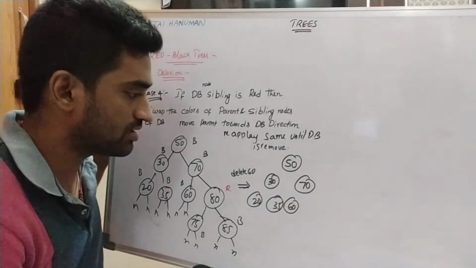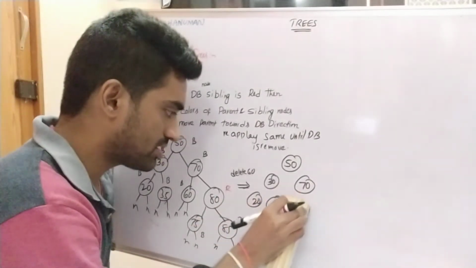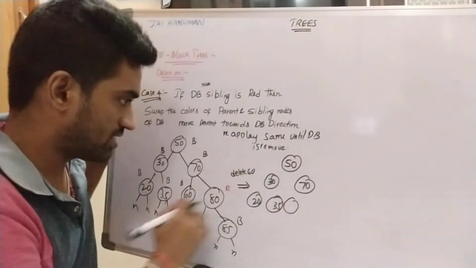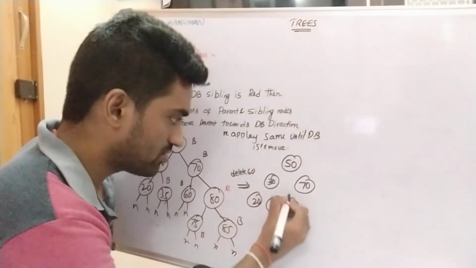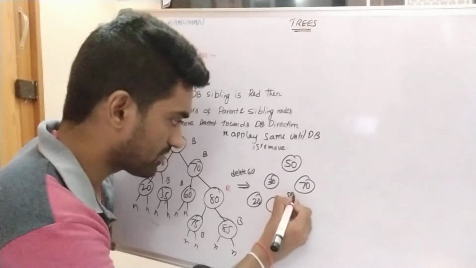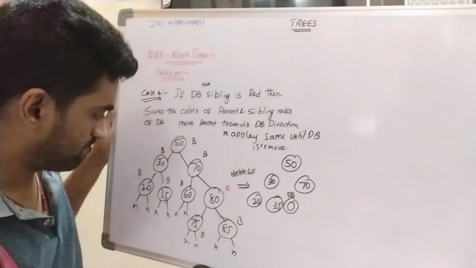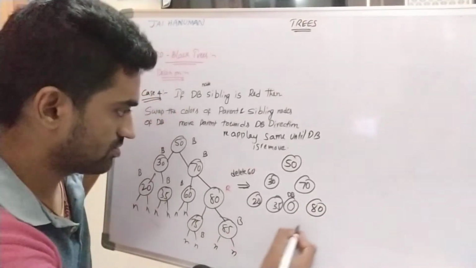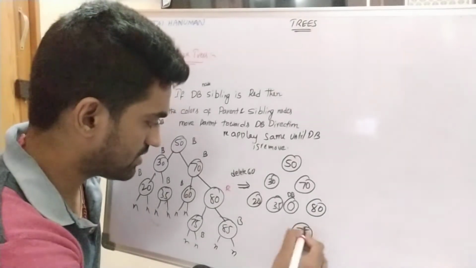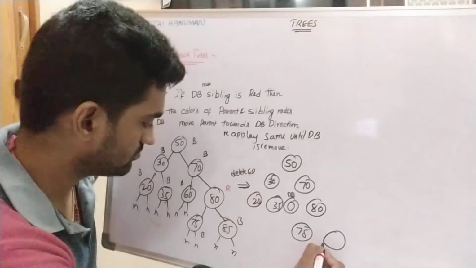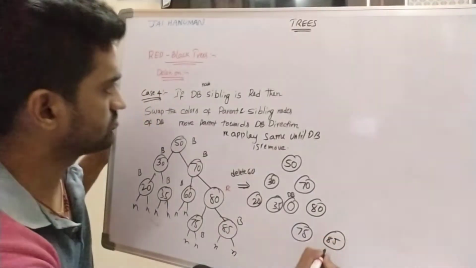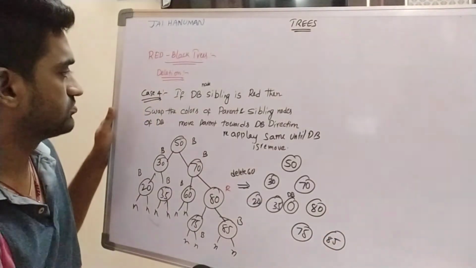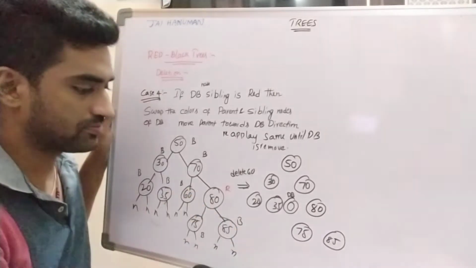Here I am deleting 60. This node is also a black node and its children are nil nodes. So this is the double block node. 80, 75, 85.